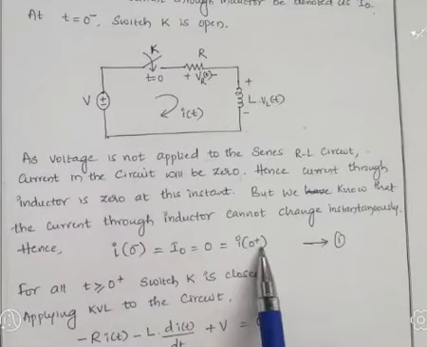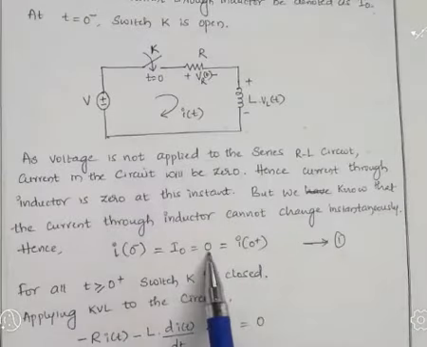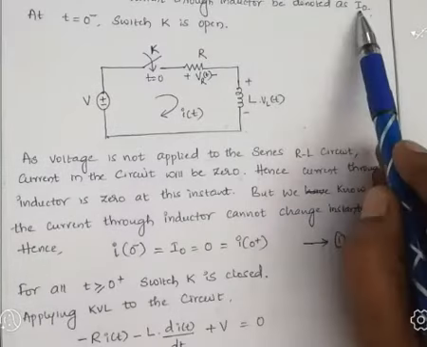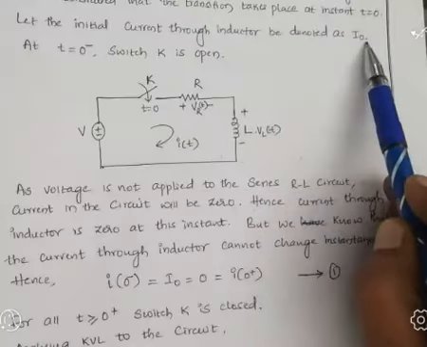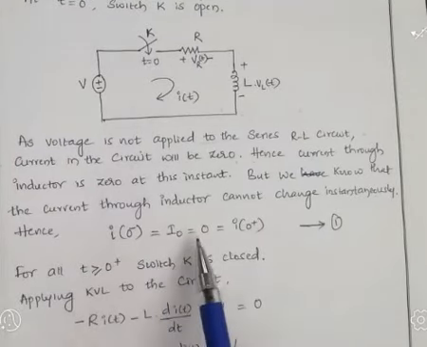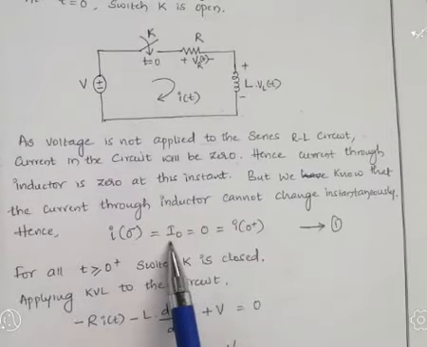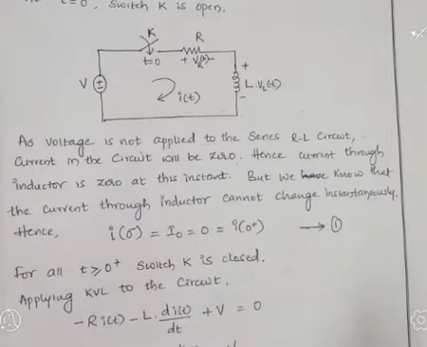Both are the same, that is 0. The initial current is indicated by I naught. So I of 0 minus is equal to I of 0 plus, equal to I naught. Let us call this equation number 1.